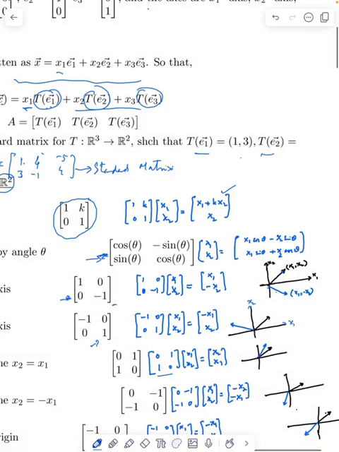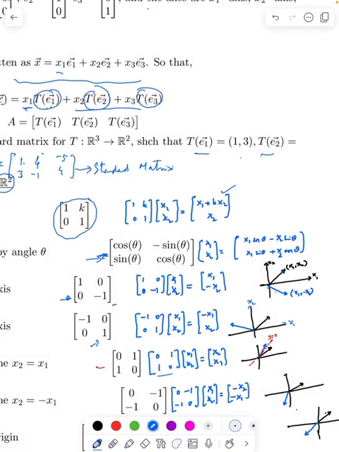So it makes x2 take the position of x1, and x1 takes the value of x2. So what this matrix did is it reflected the vector about the line y equals x.